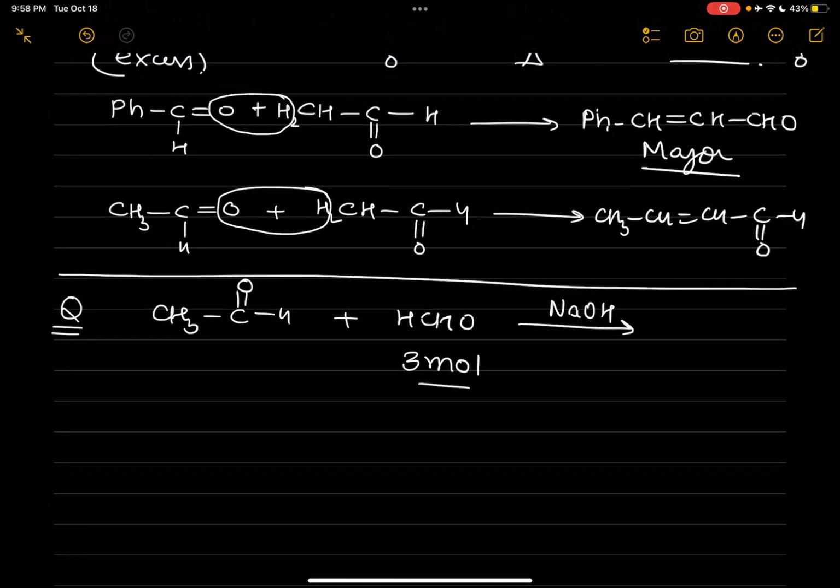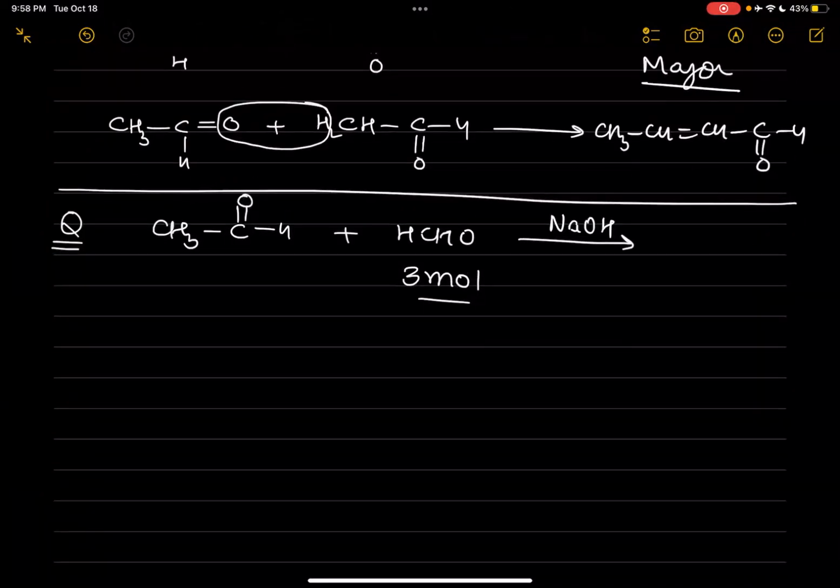And if any one of the aldehydes contains alpha hydrogen, then you will have aldol taking place. And this is without heat. So what is going to be the answer? Yeah, Nabil. Sir, we will get 3 moles of CH2=CH2. No, without heat. Without heat.